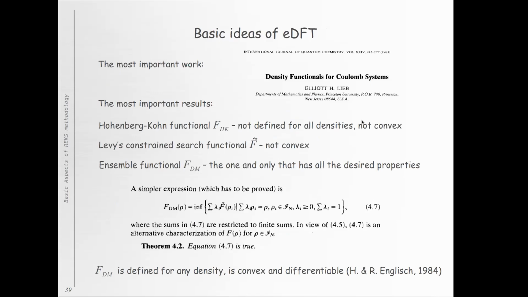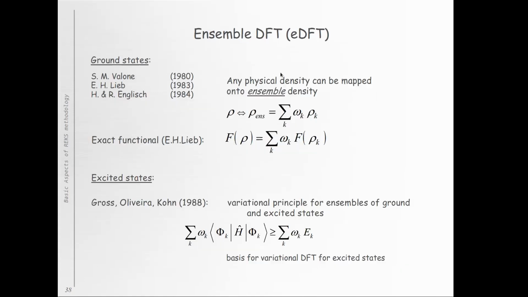Well, the formalities have been derived, as I said, in the very important work by Elliott-Lieb, where the most important statement was this theorem that essentially proves the validity of these two representations. What's important is that we use the same coefficients for the components of the ensemble.